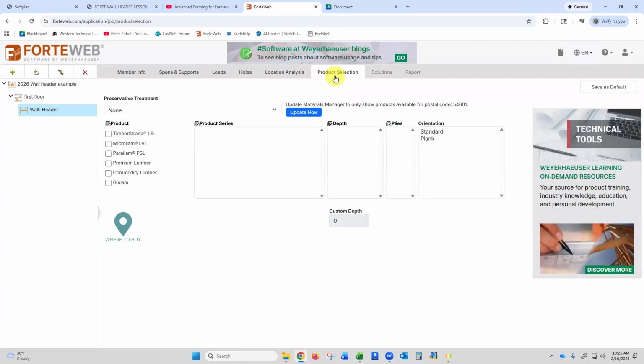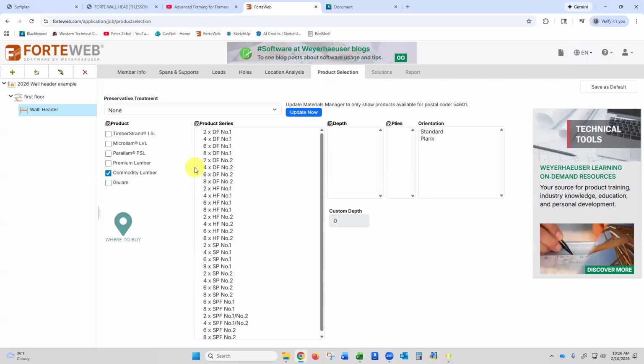So like I said before, this is like pretending this is a Habitat house. Now the assignment's going to be different, but this one we're going to do like we do for Habitat, which is two 2x12s SPF, and they only use LVLs if 2x12s won't work. So again, just for this example, we're going to pick commodity lumber because that's what your normal 2x12s are.